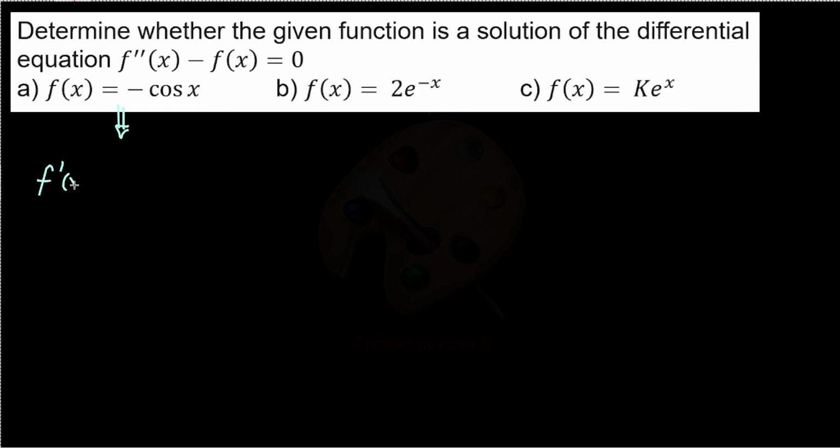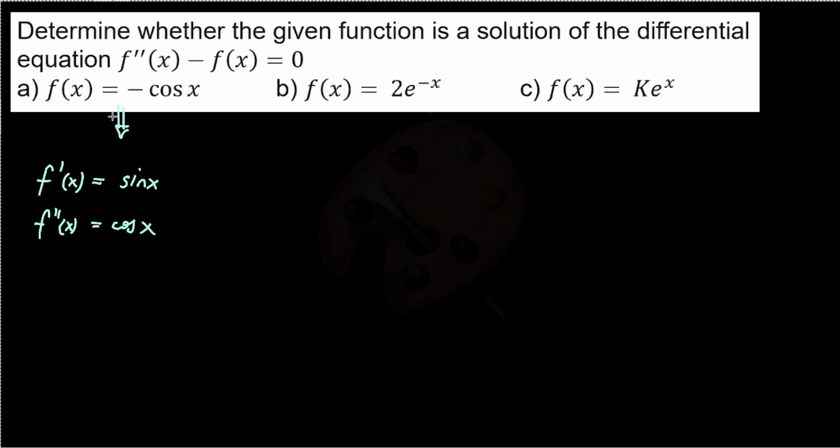So the first derivative of this potential solution, the derivative of negative cosine: the derivative of cosine is negative sine, so negative 1 times negative sine is just positive sine x. Then the second derivative is just going to be cosine x, because the derivative of sine is cosine.